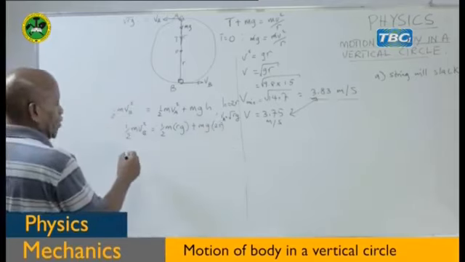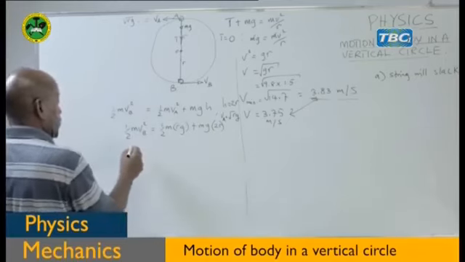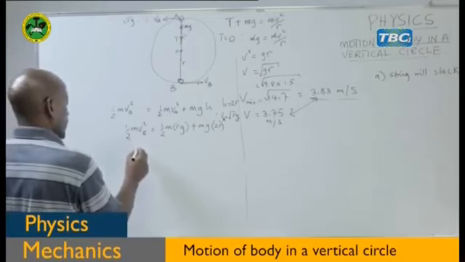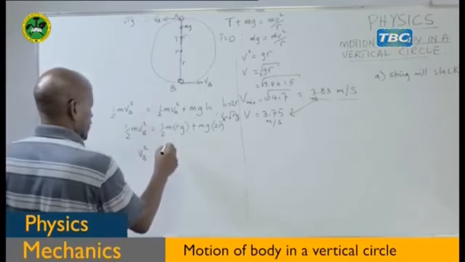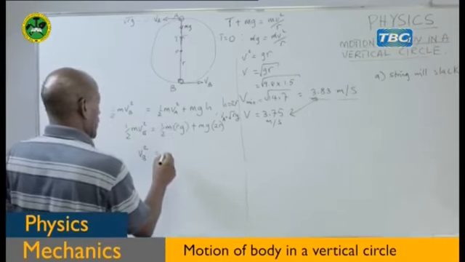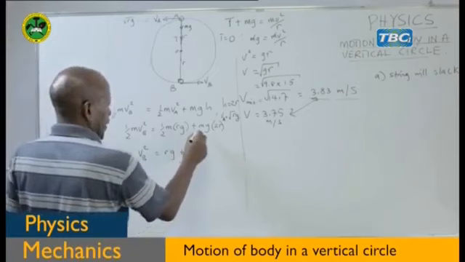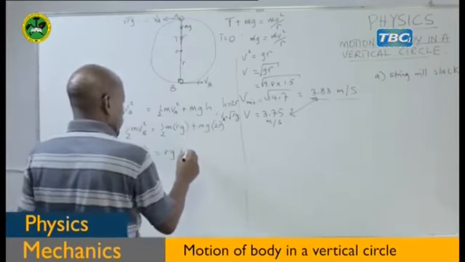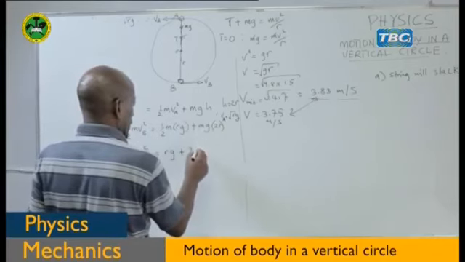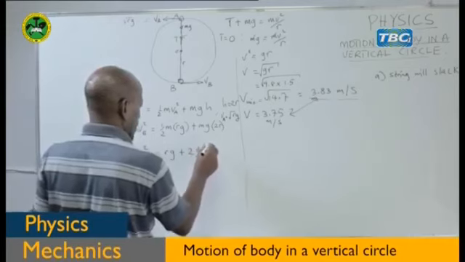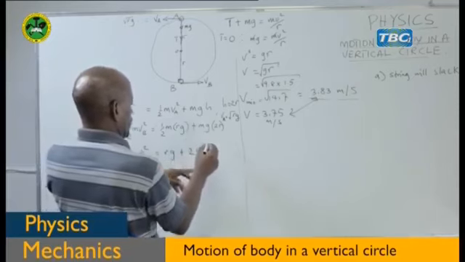If we divide by m throughout and multiply by 2, then VB squared is equal to RG, the 2 and m go, plus, the m goes but the 2 remains because we're multiplying by 2, so 2 times g times 2R.